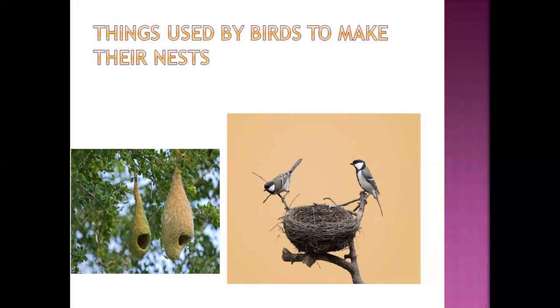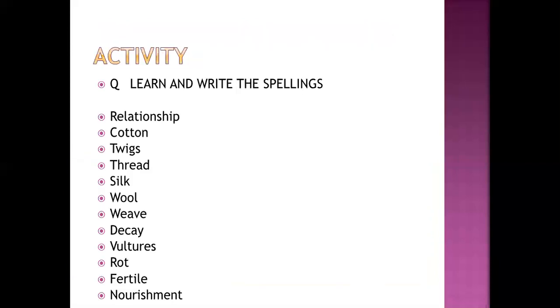So we come to the end of this lesson now, and here are a few words which you need to learn and write the spellings neatly. You could write the spellings three times. The first word, relationship. The second word, cotton. Third word, twigs.